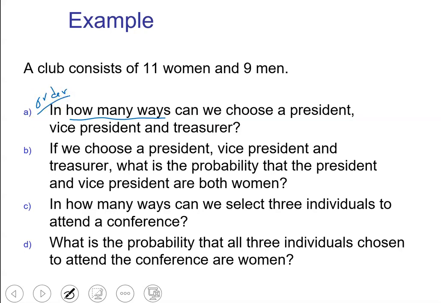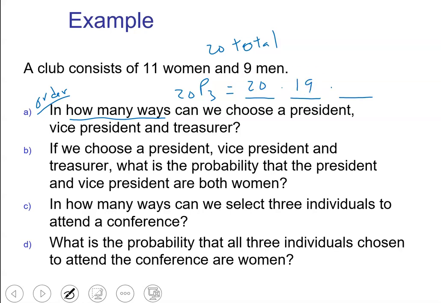So I have 11 women and 9 men. It doesn't specify any difference between men and women here. So in this case it would be 20 total, if I add those together. 20P3, because I'm choosing a president, a vice president, and a treasurer, so a total of 3. That is also the same as doing slot 1, slot 2, slot 3. I have 20 options for the first slot. I chose somebody, so now I have 19 options for the vice president.